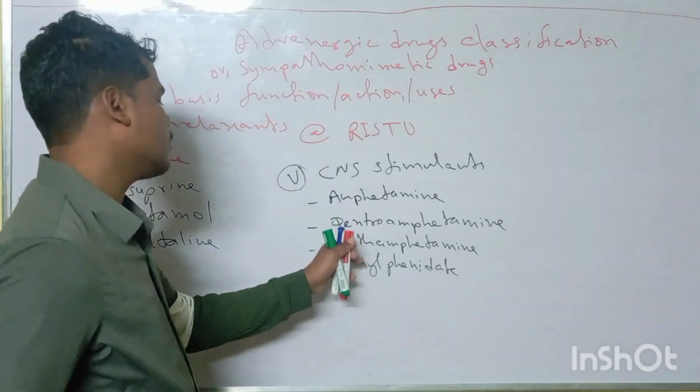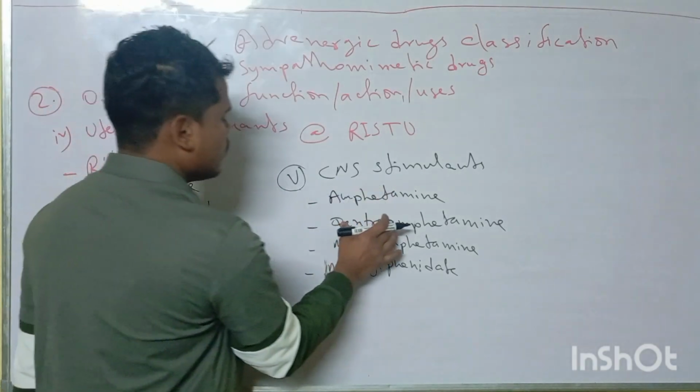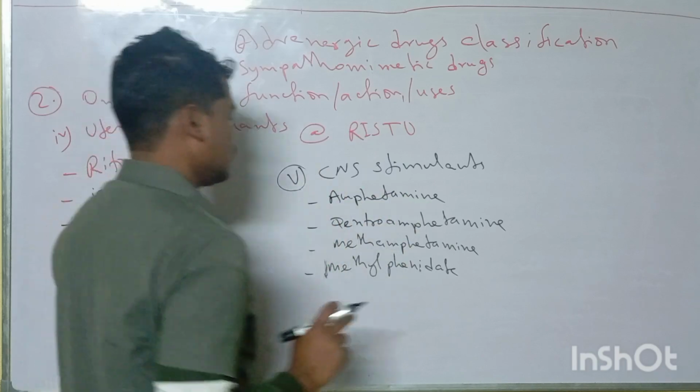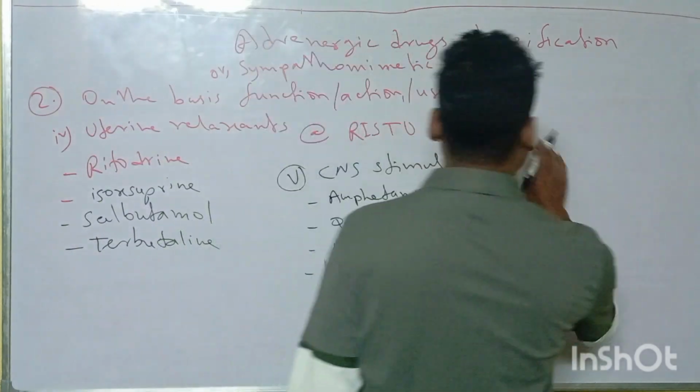Amphetamine and its congeners. At least remember it as amphetamine, dextro or meth. Those are the examples.